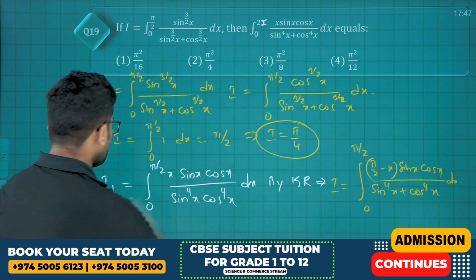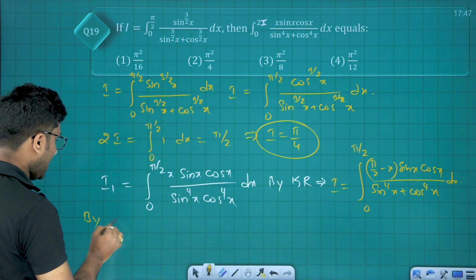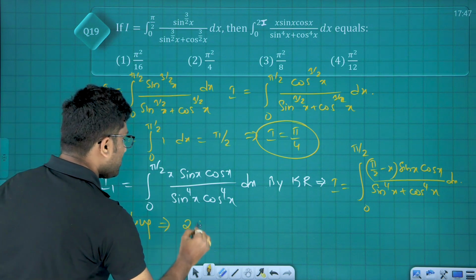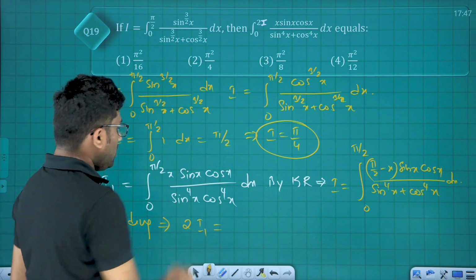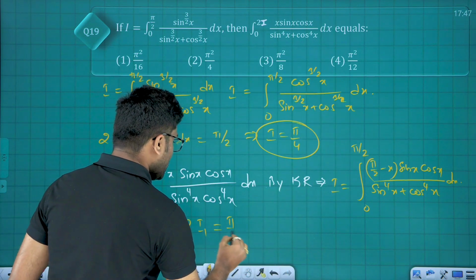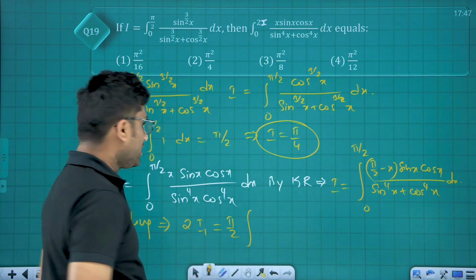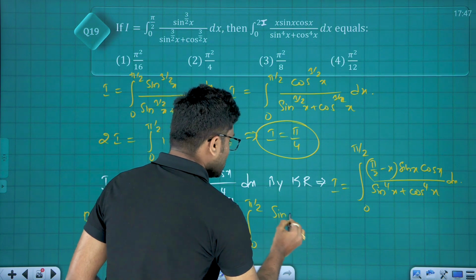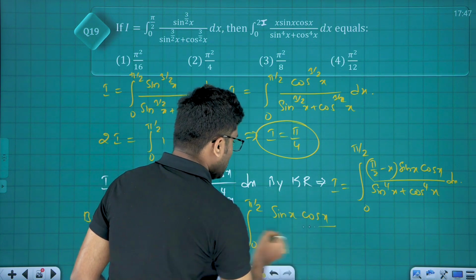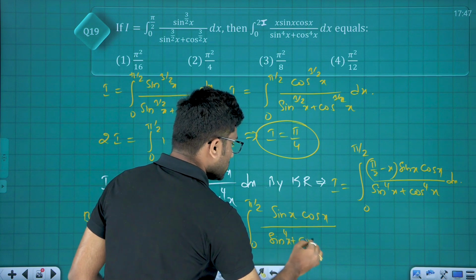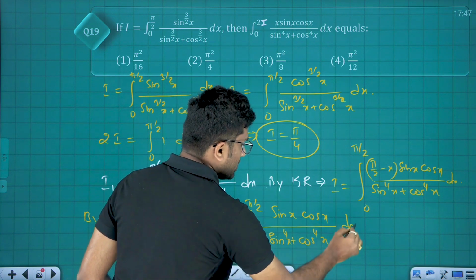So if I add these two now, by adding we get 2 times of I1 is equals to, see, x and pi by 2 minus x, that gets cancelled, only pi by 2 will be left here, x portions will get cancelled, 0 to pi by 2 sin x cos x divided by sin power 4 x plus cos power 4 x whole dx.